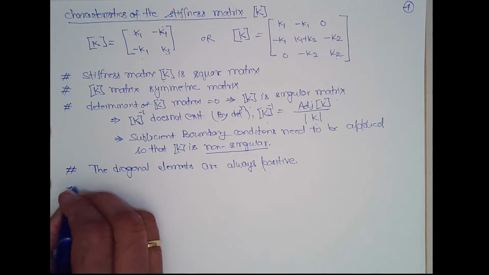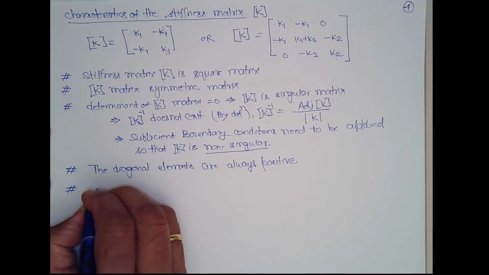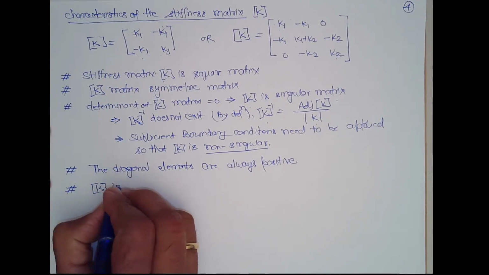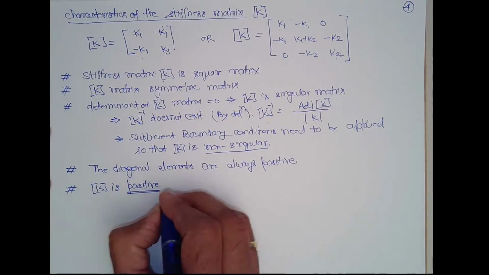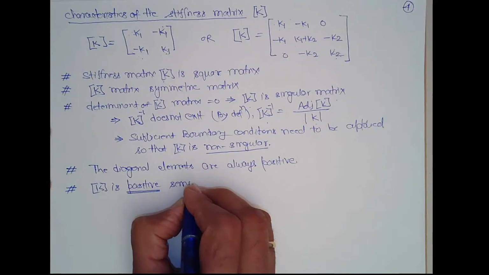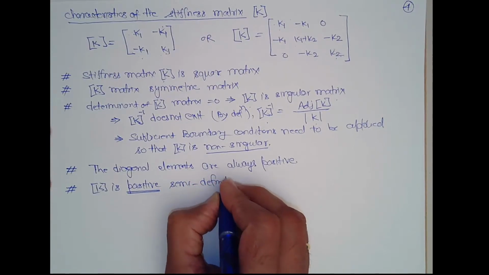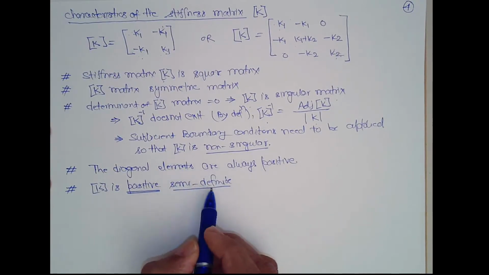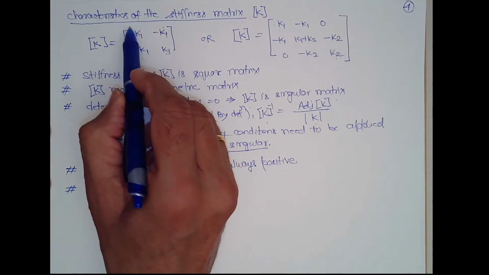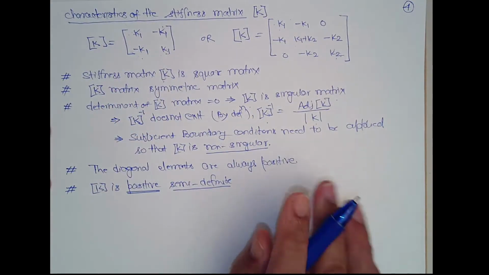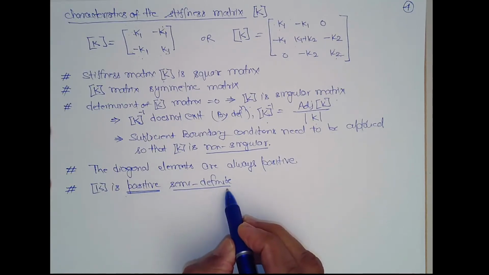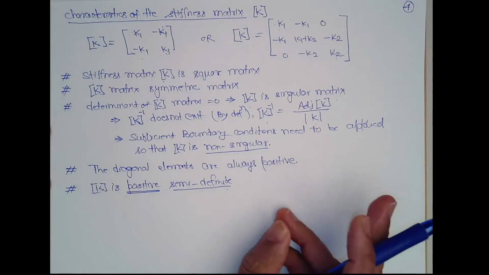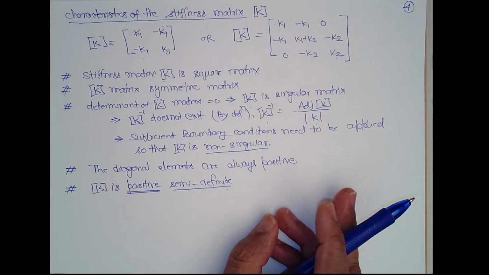And there is one more property which I will discuss. So we call K a positive semi-definite matrix. Semi-definite means, I will explain to you. Definite means the eigenvalues are always positive. K is positive semi-definite. It relates to eigenvalues, which I will define shortly.